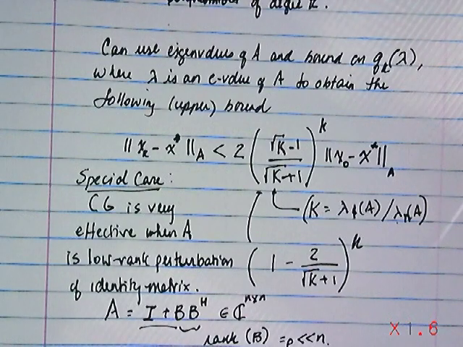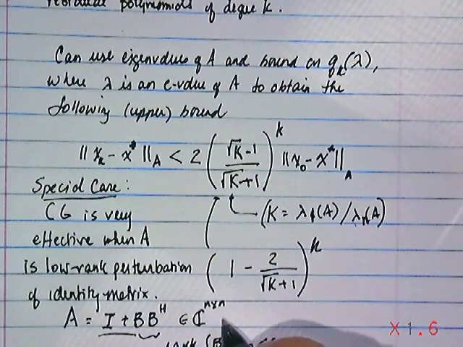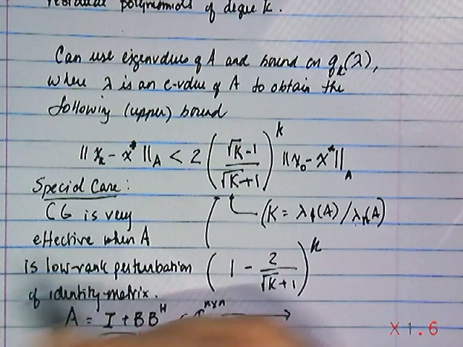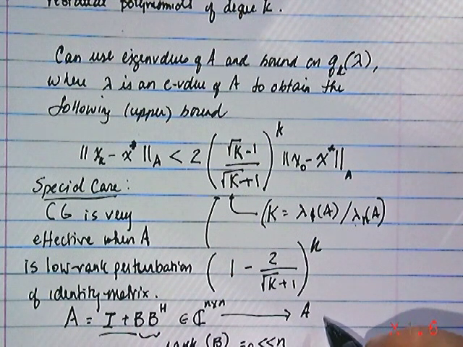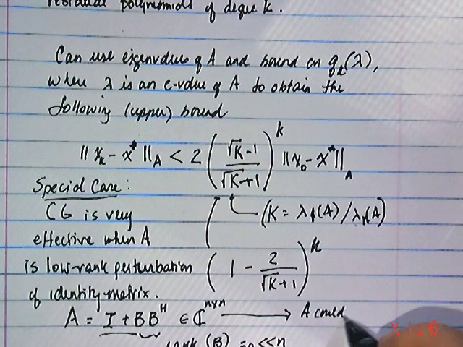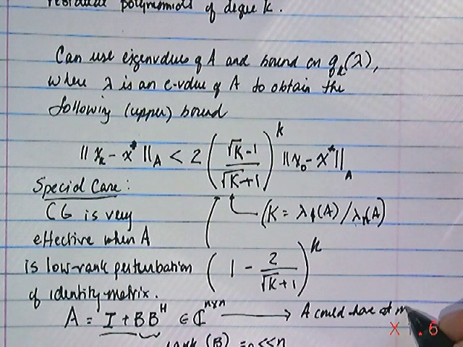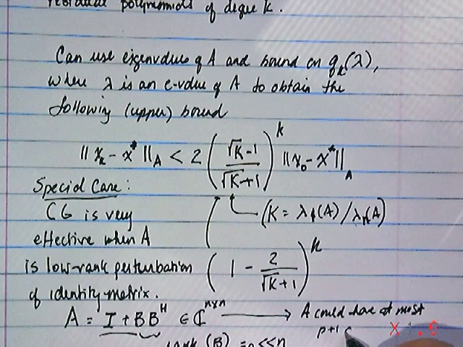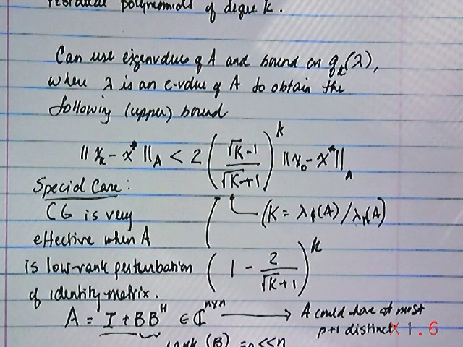One advantage with regard to your spectral information related to this is if your coefficient matrix has that property, it's not too hard to show that matrix A could have at most P plus 1 distinct eigenvalues.